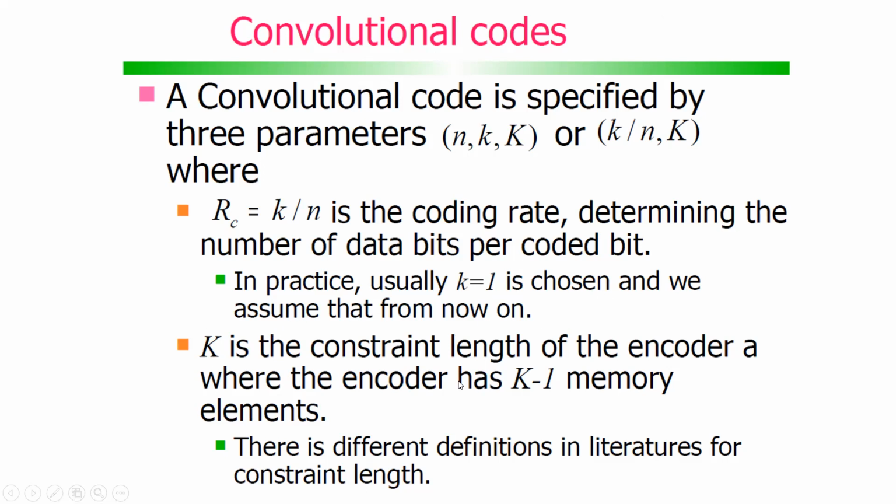Capital K is known as the constraint length of the encoder. Now, an encoder in convolutional codes will have memory elements.